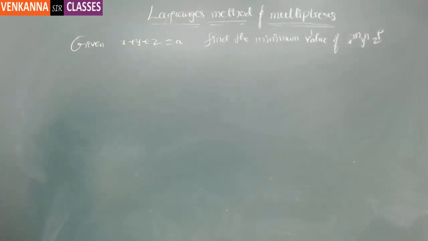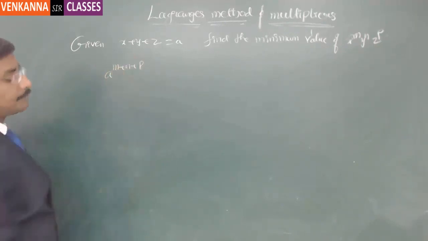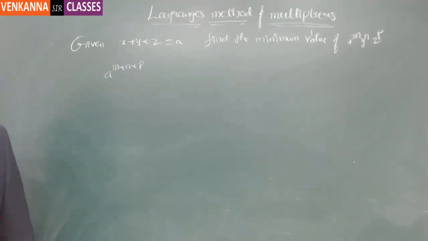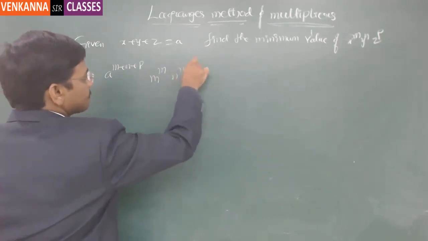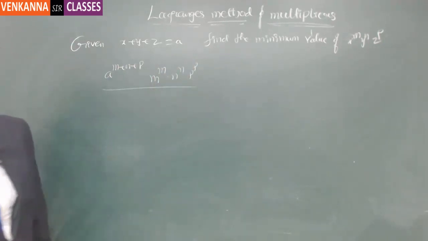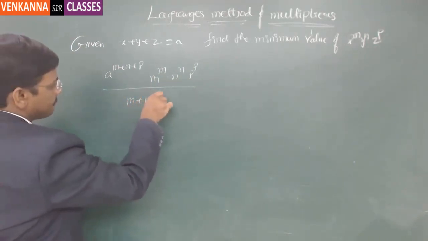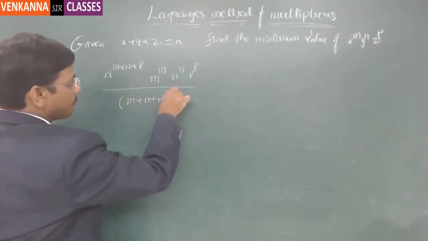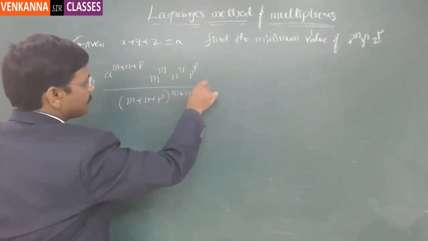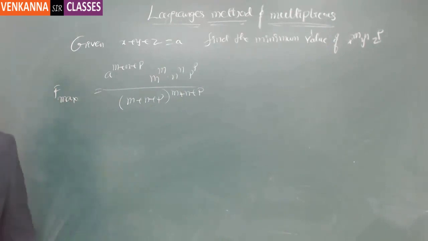So that answer is a power m plus n plus p into m power m, n power n, p power p, divided by m plus n plus p whole power m plus n plus p. So this is the maximum value. Got it?